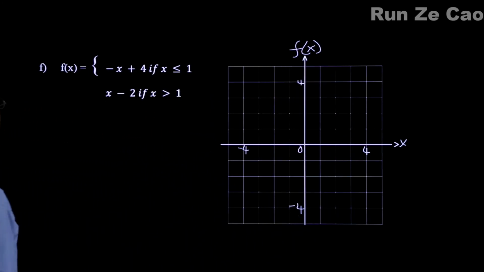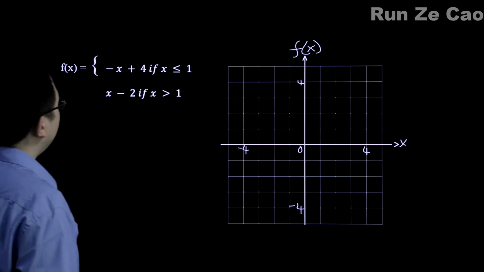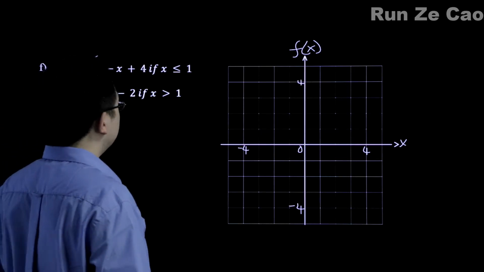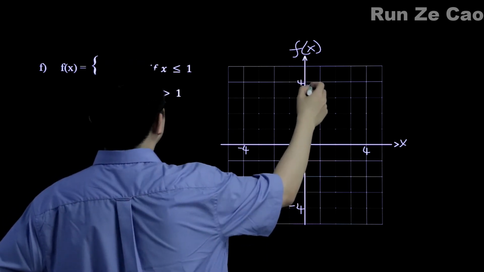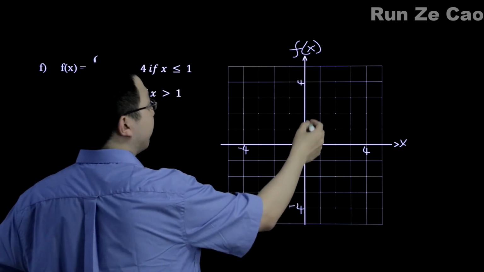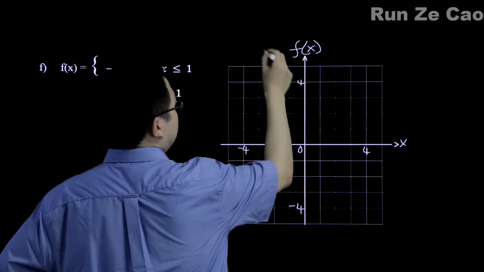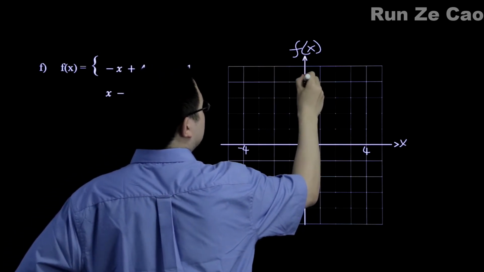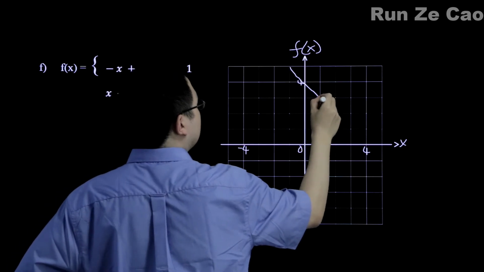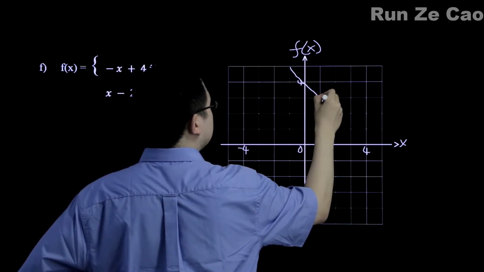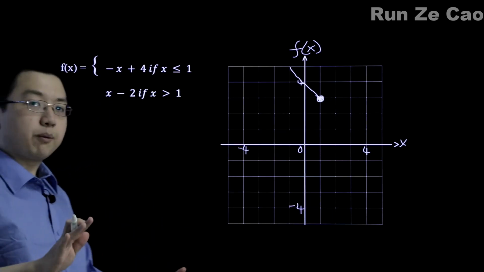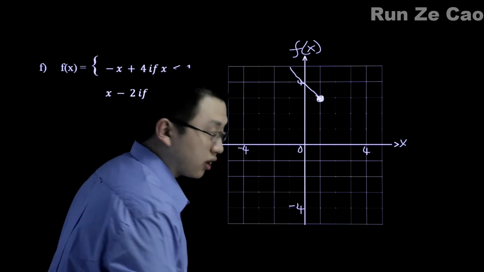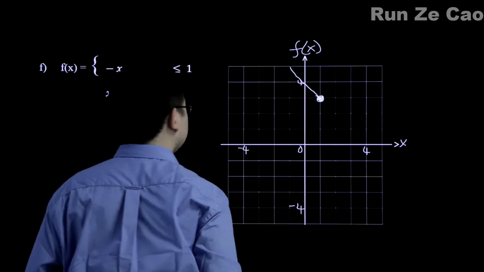Negative x plus 4. If x is smaller than or equal to 1, that means, well, okay, if at 1 we would have 3, and then on back. So this is inclusive, which means that we need to use a solid ball here, depending on, of course, regional convention. Some areas only mark where it's exclusive.